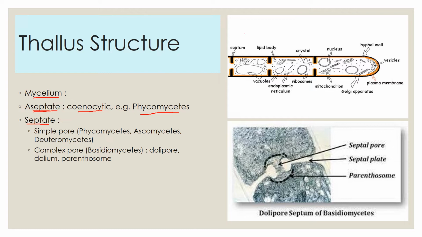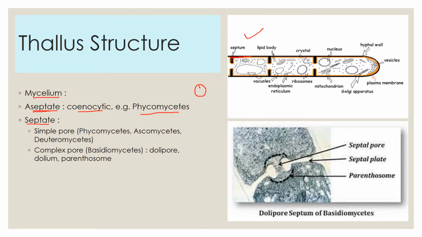Here is the example of septate mycelia, where we see that the transverse wall undergoes centripetal growth and forms a tubular structure. So for example, this is the hypha and this is the tubular wall.